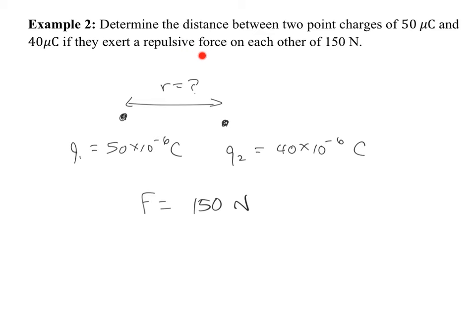Not to mention, look at your charges. They're both positive. So I've got 2 positive charges at a distance away from each other. They're going to want to repel each other. If they're both positive, you get a positive times a positive. The force itself must be positive. So we jump right into that formula.